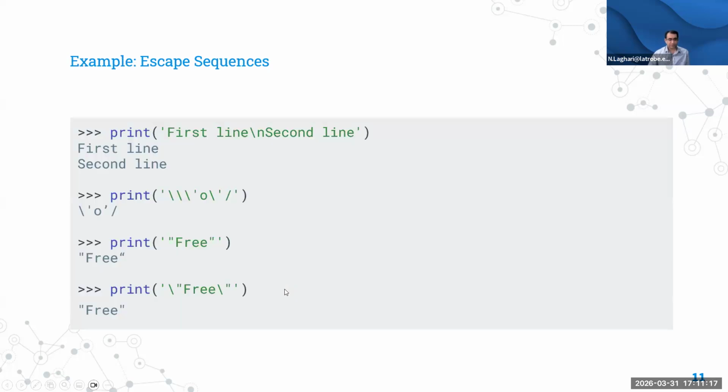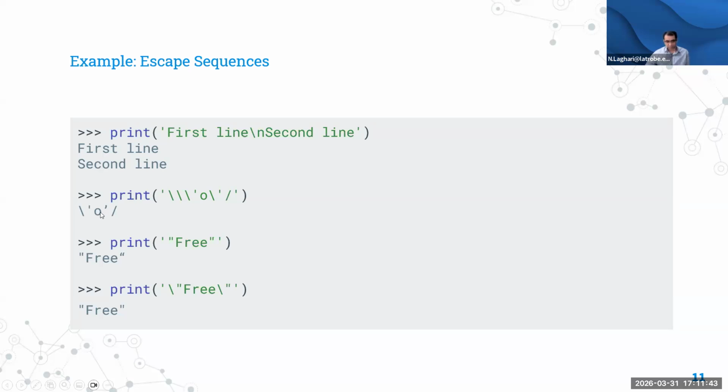Okay, so here you see we have some examples. Now the string itself is enclosed in single quotations, and we want it to print this. Now it starts with this. These two backslashes are treated as a single slash, and this backslash and this apostrophe are treated as this apostrophe.